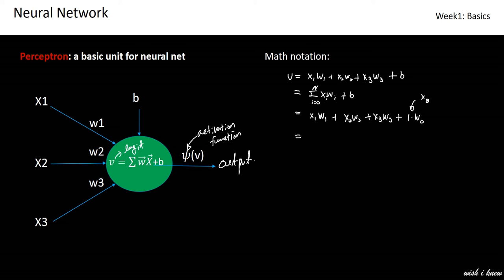So with bias always in it, we can make it like this: 1, X1, X2, X3, and then W0, W1, W2, W3.